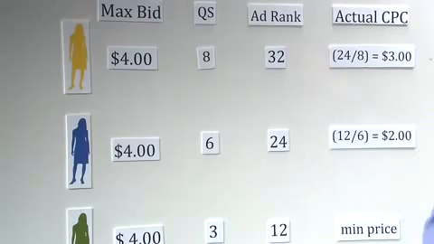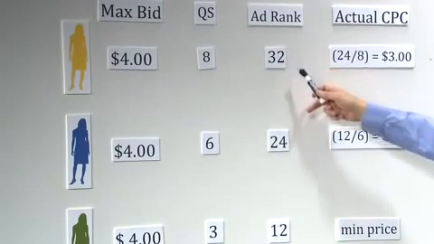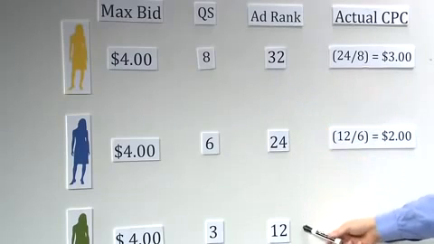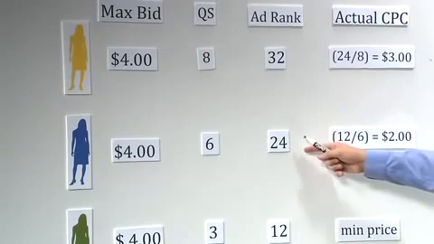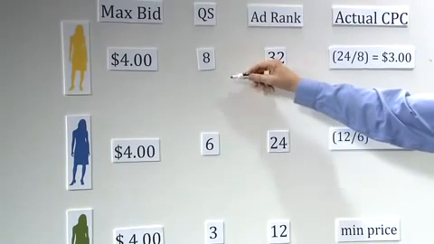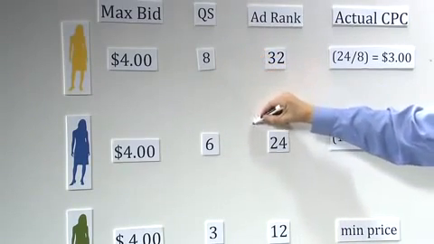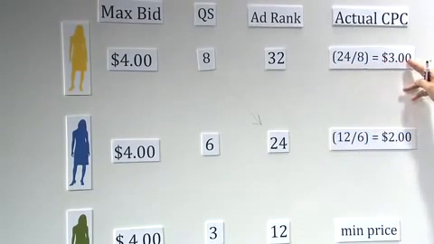The ad rank is determined by multiplying the bid times the quality to give us ad ranks of 32, 24, and 12. So what determines the price? Well, the price is going to be the ad rank of the advertiser below divided by the quality score of the given advertiser. So in this particular case, it's going to be 24 divided by 8, or 3.